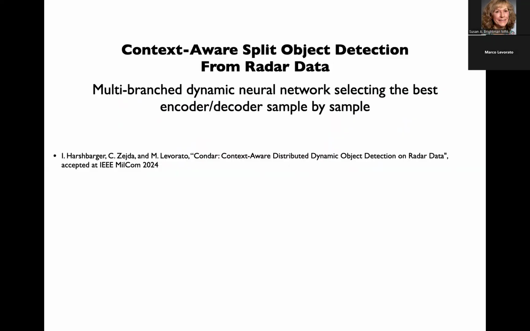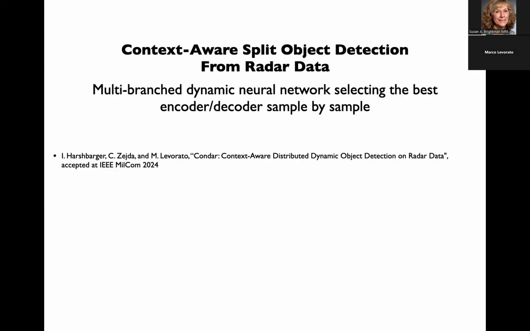I'm going to show you one recent result that we have in this domain, which is, rather than just one encoder, decoder, tail pipeline, a multi-branch model. So it's a model that provides some flexibility that can tune itself to what's happening at the level of data, at the level of context.